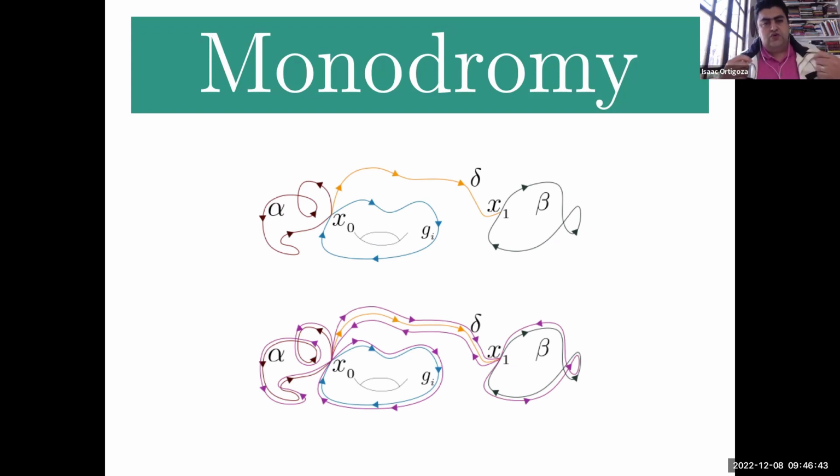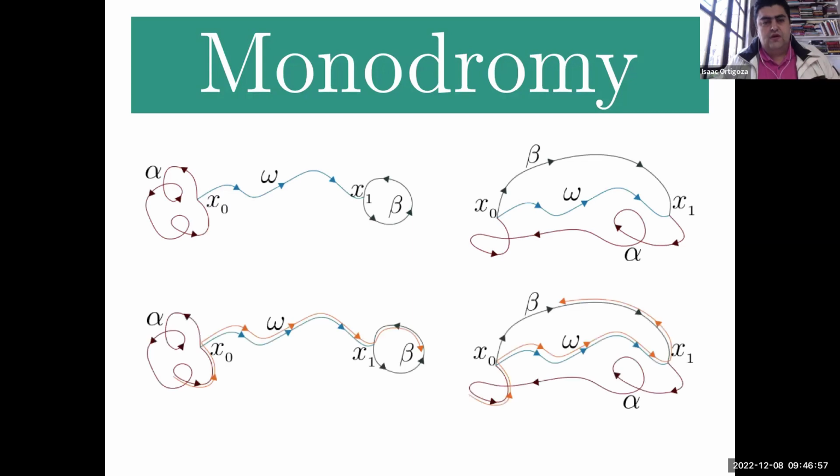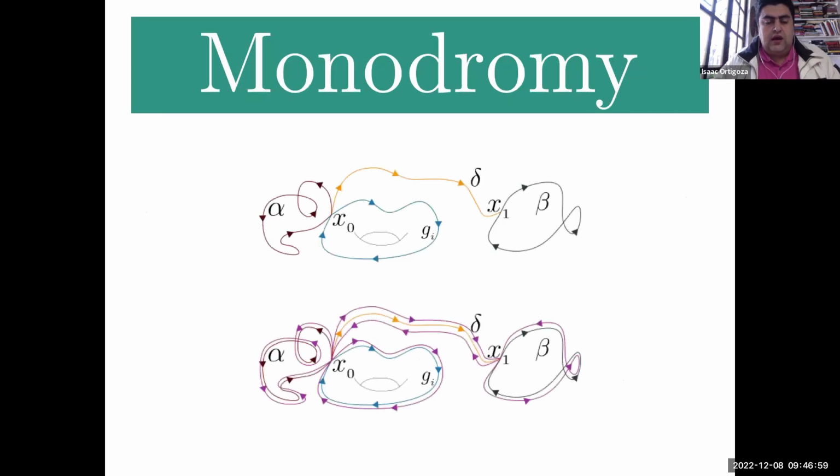Then we have to choose a fixed path delta, and we use the formulas that I already explained in this picture. And using these formulas, we can understand how the braid acts on the fundamental group of X.